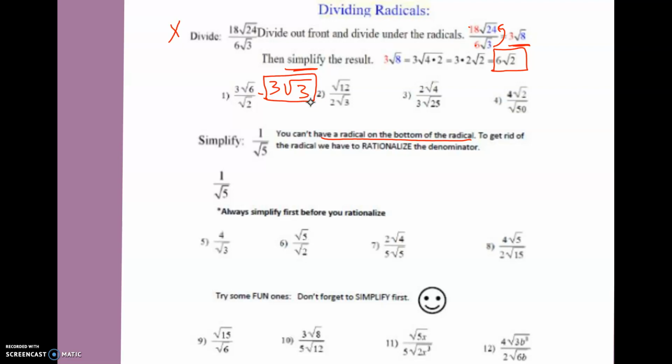Next, you're going to take number 2, and there's kind of an invisible 1 there, if you want to put it there to help you out. It's not necessary. So we'll notice that 3 goes into 12 how many times? 4, right?